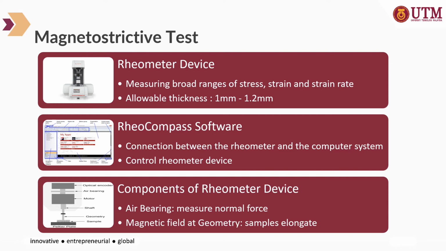The software used to control the rheometer device is RheoCompass, due to the connection between the computer system and the rheometer device. The main components that play an important role in magnetostrictive tests are the geometry and air bearing, as each of them has the ability to measure normal force and allow the flowing of magnetic fields to ensure that the sample elongates respectively.